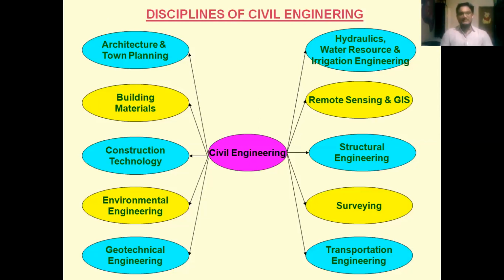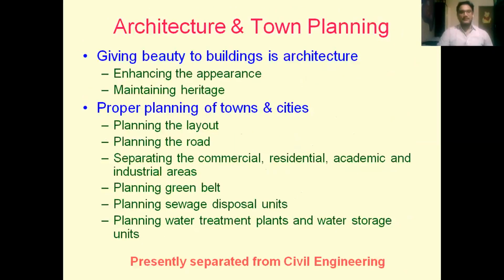I think this slide, which I already showed at the start of my presentation, shows the different disciplines of civil engineering. Coming to the first and foremost, architecture and town planning. See, there are a lot of government jobs placed in civil engineering, where you can be a town planning engineer for your places.